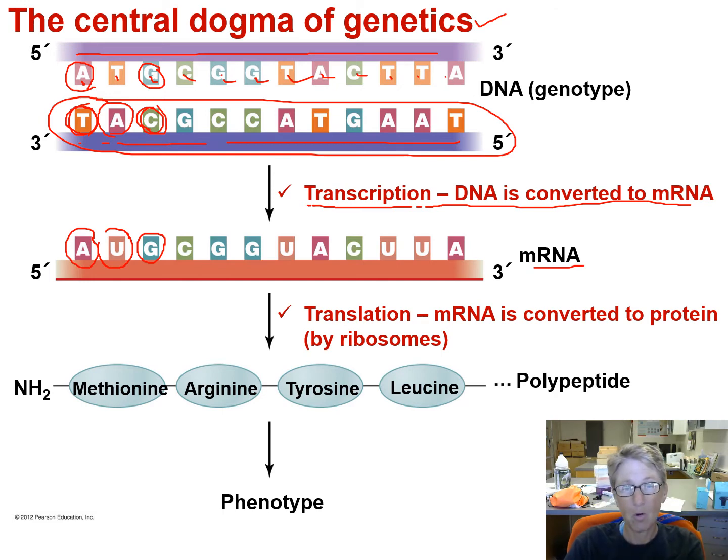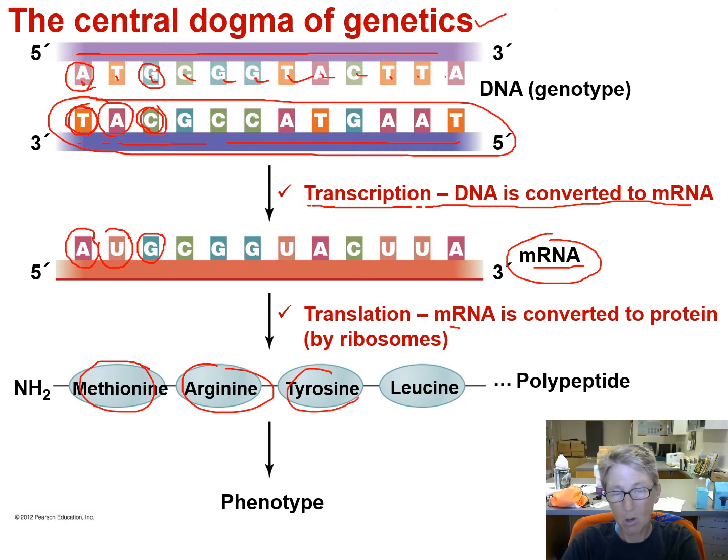And then that messenger RNA transcript would get translated into a protein on a ribosome. So you take this messenger RNA transcript and you put it on a ribosome, and then the ribosome would hook up these amino acids, methionine, arginine, tyrosine, and leucine.